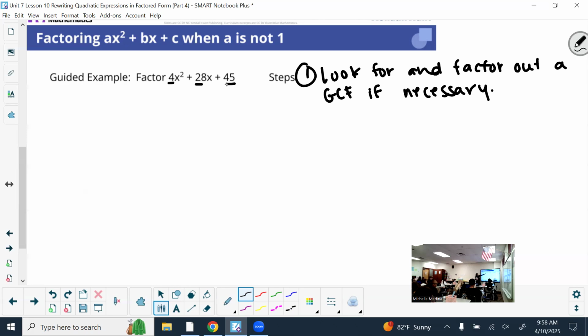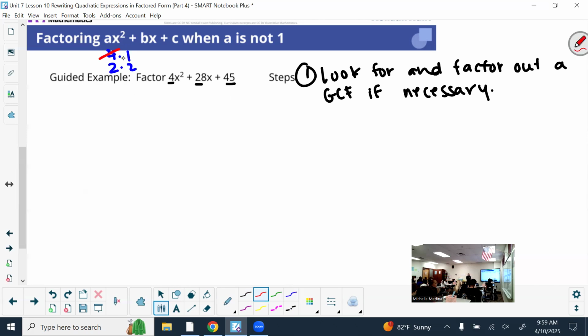Does 4 divide evenly into the other numbers? It doesn't. It divides evenly into 28, but not 45. So it can't be 4. Break 4 down into its smaller factors. So here are all the ways to multiply to get 4. We already eliminated 4.